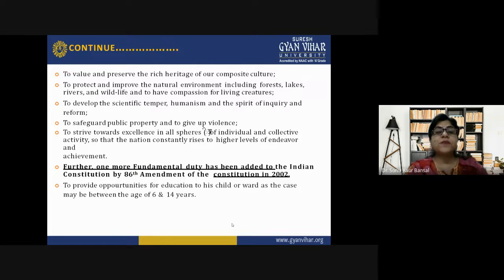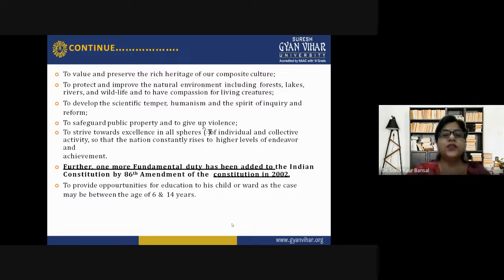It is also expected from the citizen to develop the scientific temper, humanism, and the spirit of inquiry and reform. It is also expected to safeguard public property and to give up violence, and to strive towards excellence in all spheres of individual and collective activity, so that the nation constantly rises to higher levels of endeavor and achievement.